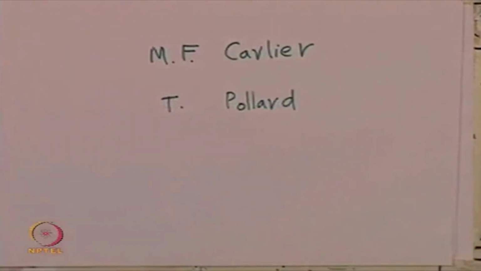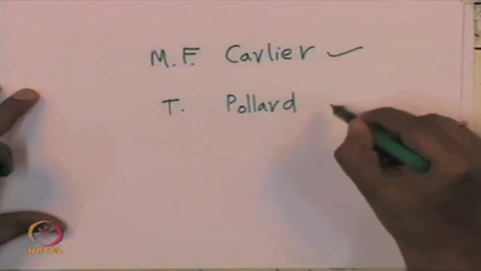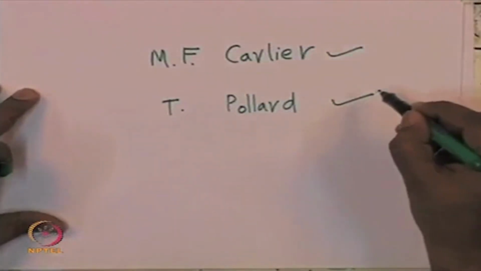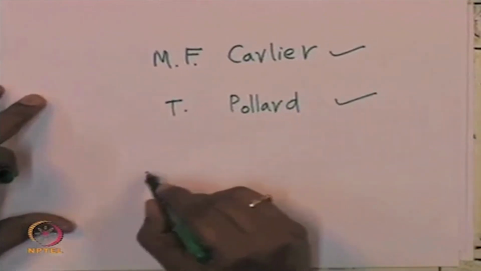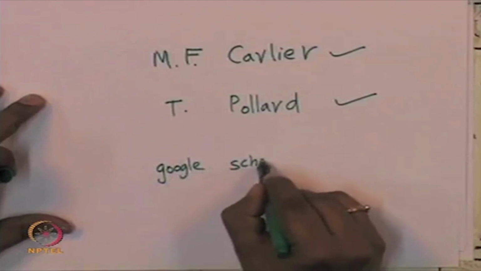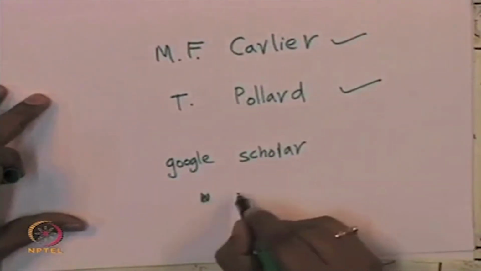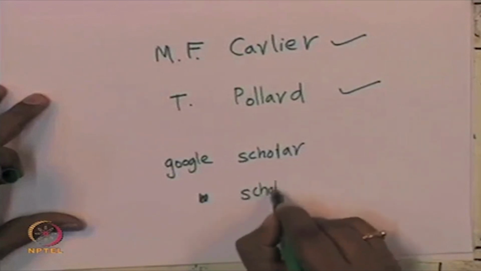These are two scientists who did experiments on actin polymerization. So, look at the papers of Collier and Pollard. Go to Google Scholar, which is basically scholar.google.com.